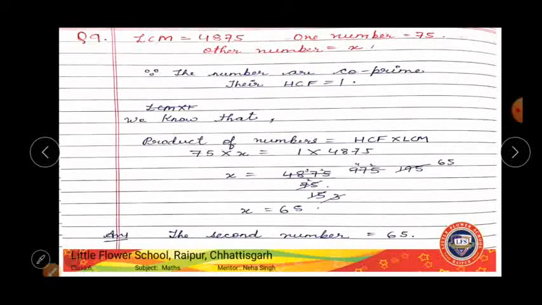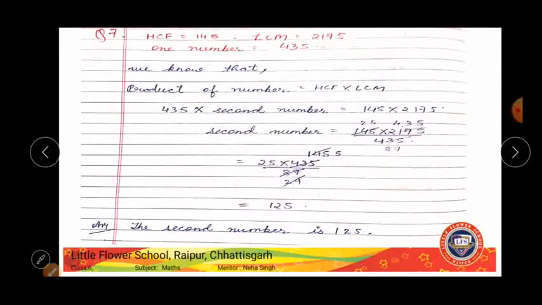We'll take the other number as x. Since LCM and HCF are given and one number is given, we know that product of numbers equals HCF into LCM, right? Product of numbers means first number into second number.